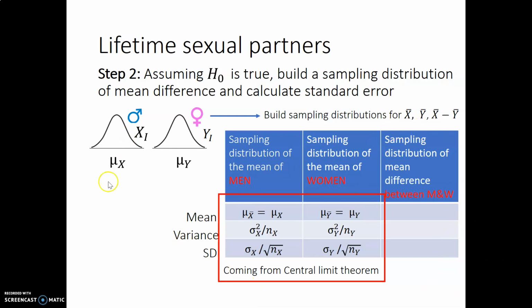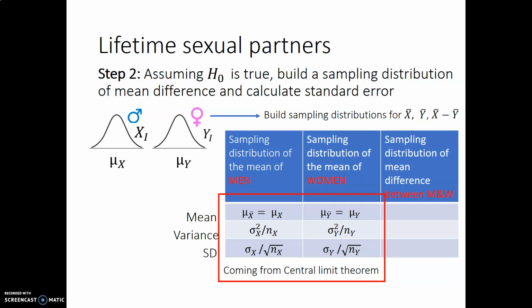And we're gonna draw 100 samples from this men's population, and at the same time, we're gonna draw 100 samples from this women's population. But please note that these samples don't have to have the same size. We could have 50 participants in men's sample, but 100 participants in women's sample. So we don't need to have equal sample sizes.